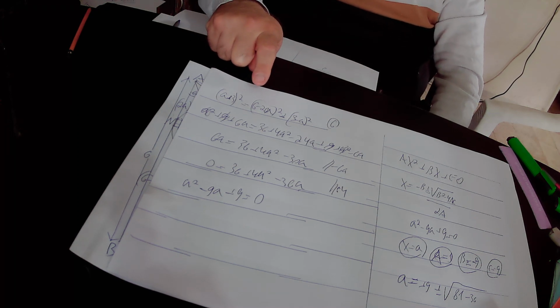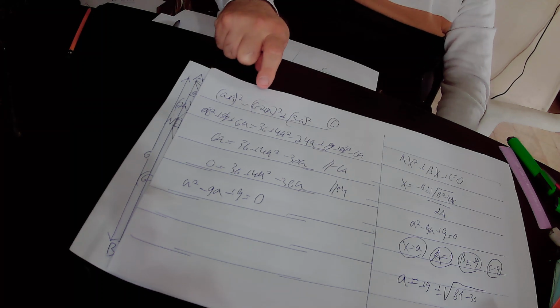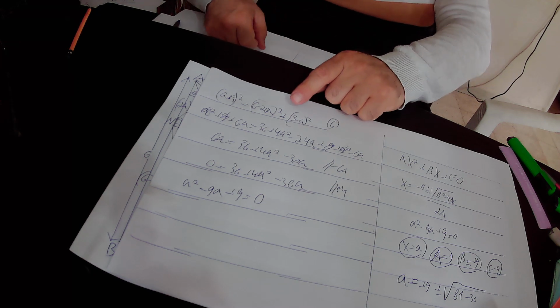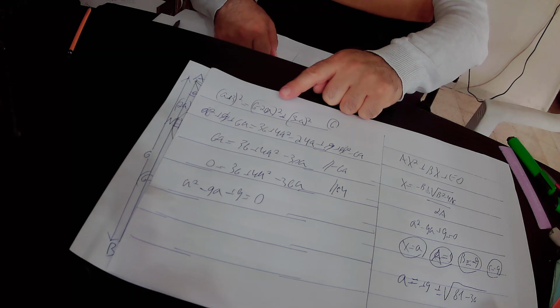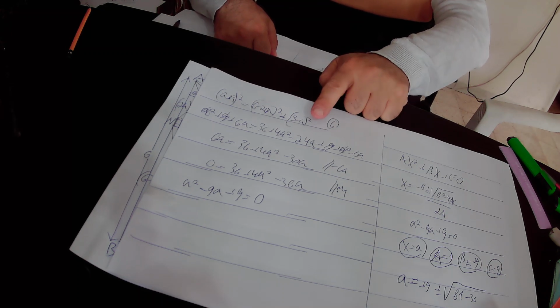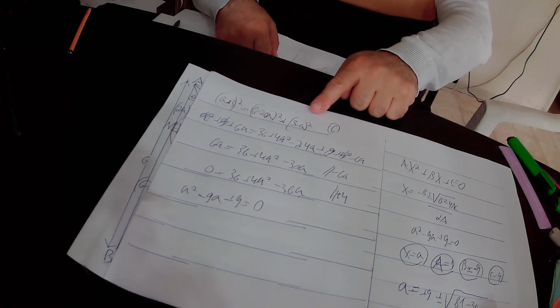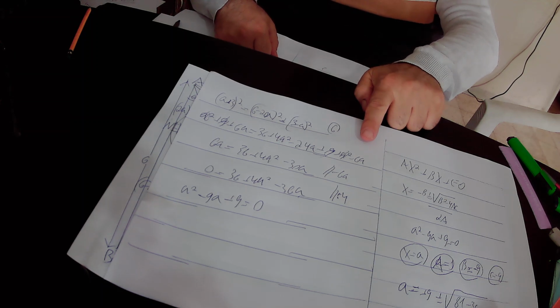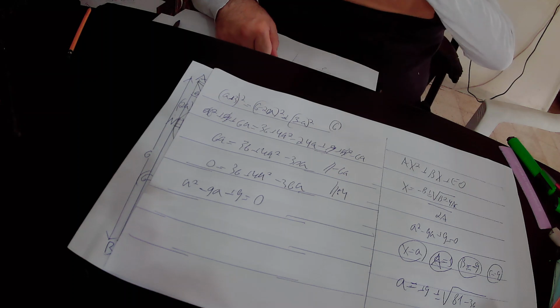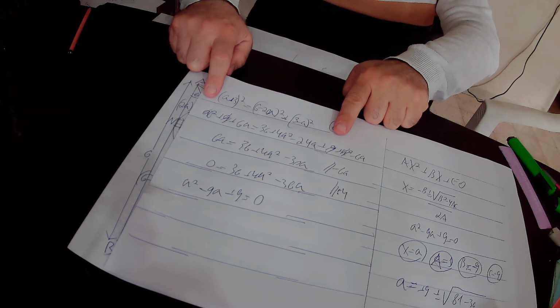On the other side of the equation, (6 minus 2A) square equals 6 squared, that is 36, plus (2A) squared, that is 4A squared, minus 2 times 6 times 2A, that is minus 24A, plus (3 minus A) squared. (3 minus A) squared equals 3 squared, that is 9, plus A squared, minus 2 times 3 times A, that is minus 6A. So here we have A squared on both sides of the equation, so A squared will get cancelled.